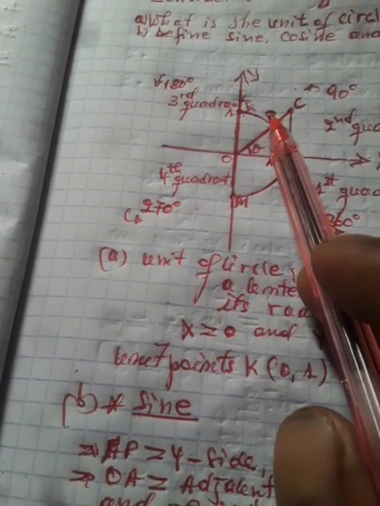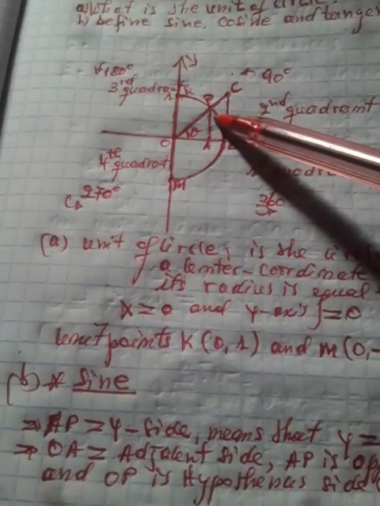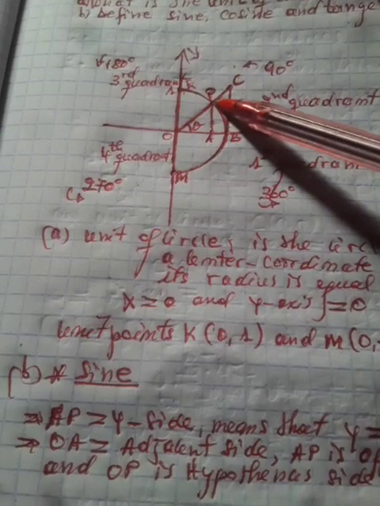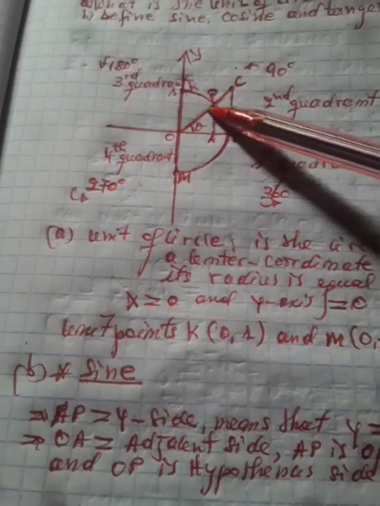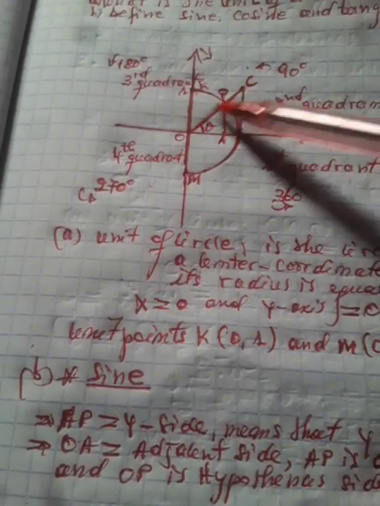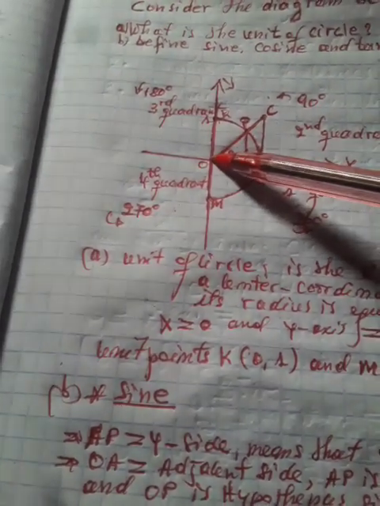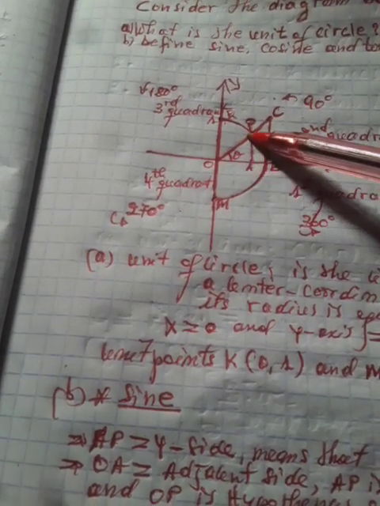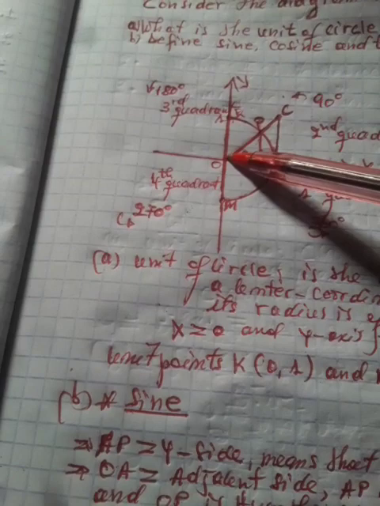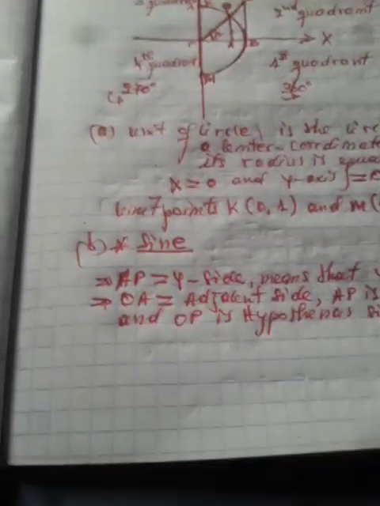From A to P is the opposite side, and from O to P is the hypotenuse. From the center up to the point on the circle is the radius, because it runs from the center of the circle straight to the circle.